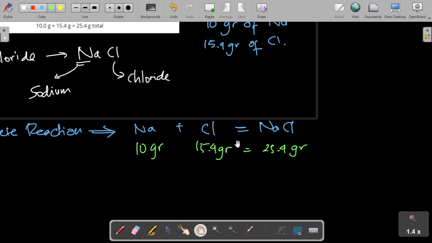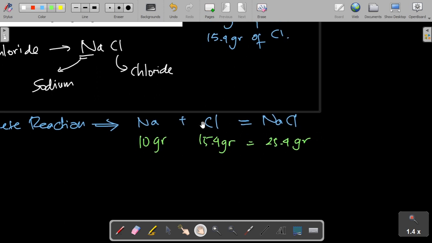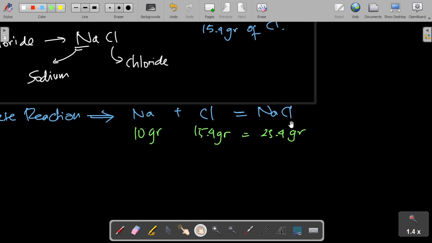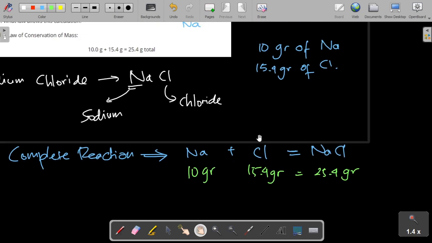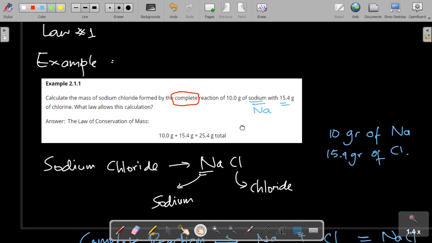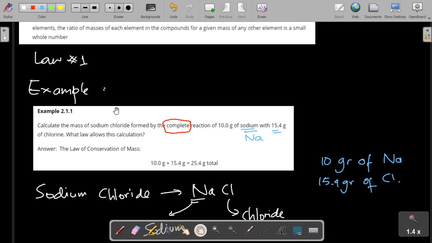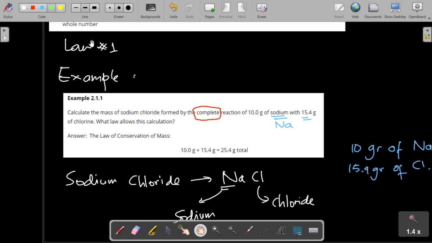It cannot be, because it will not be equal. The quantity of mass on the left side will always be the same as what happens on the right side. So this is called the law of conservation of mass. Okay, so this is the first law.